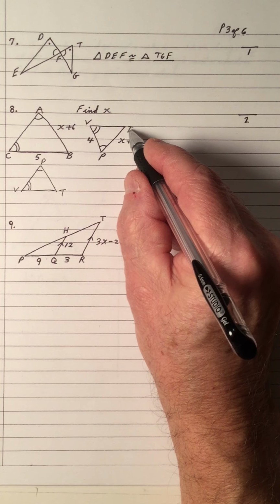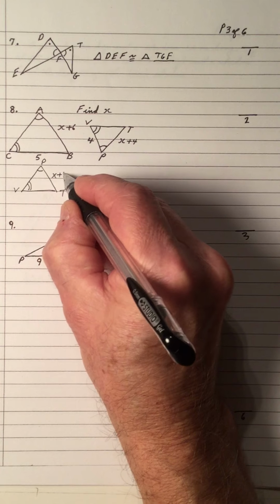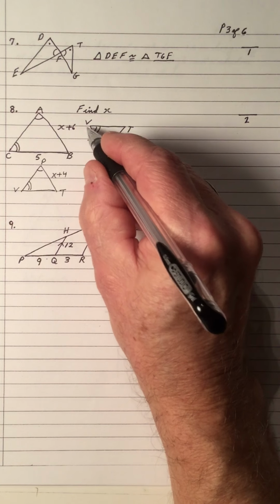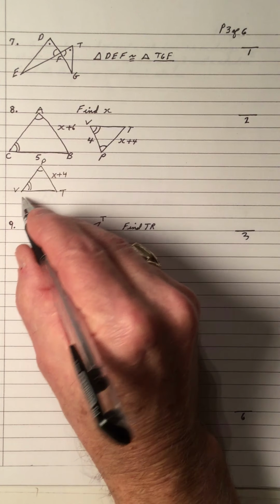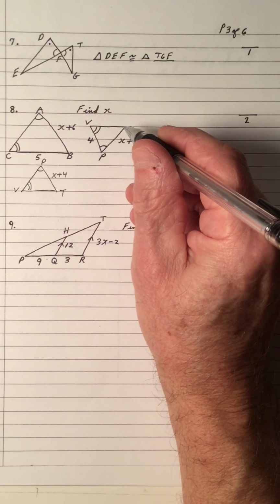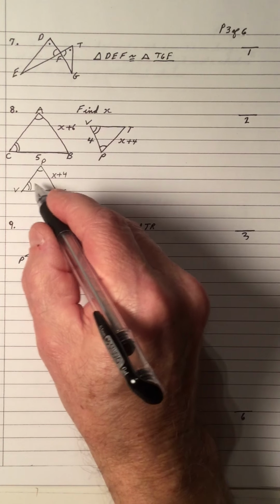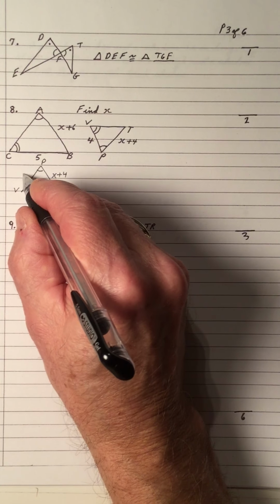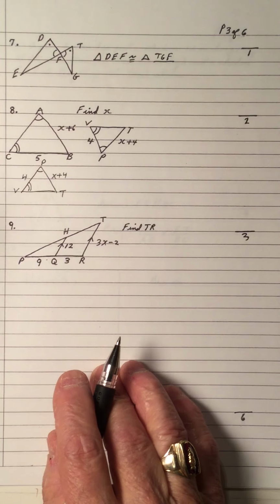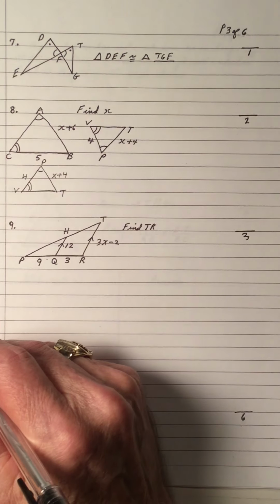Now I fill in these missing sides. TP is X plus 4, and PV is 4. And we can't do it.